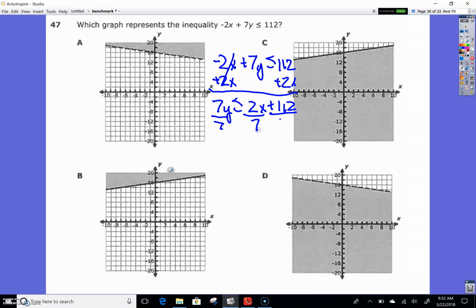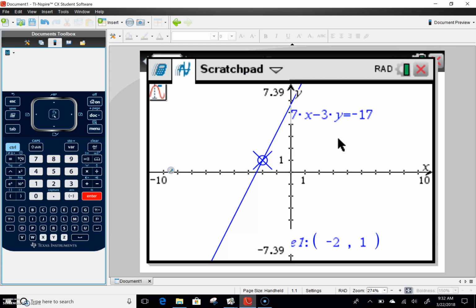Divide by 7, and I should get y is less than 2 over 7 x plus 16. Now it's time to graph.